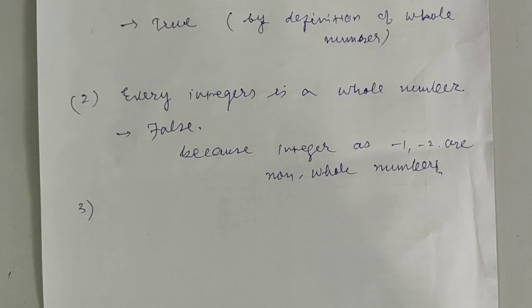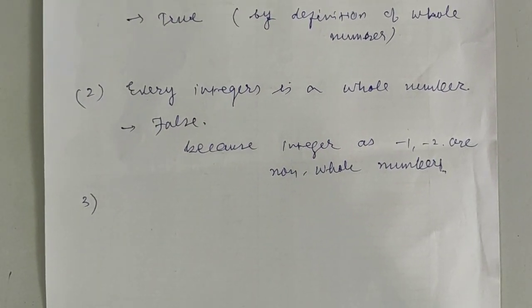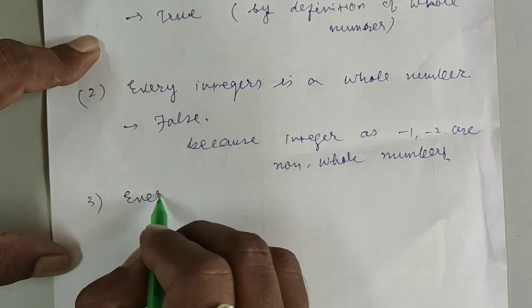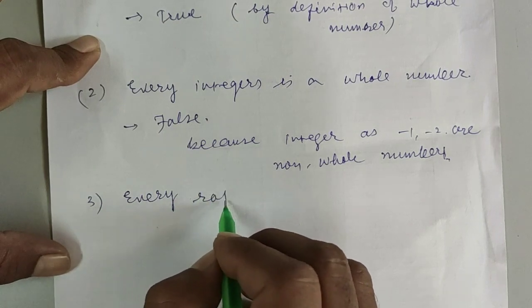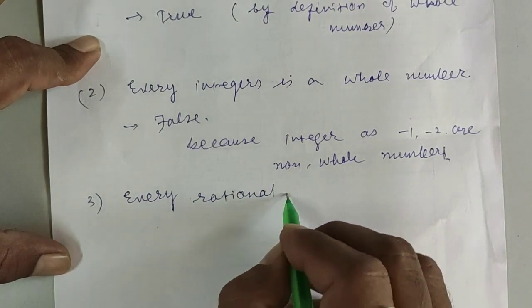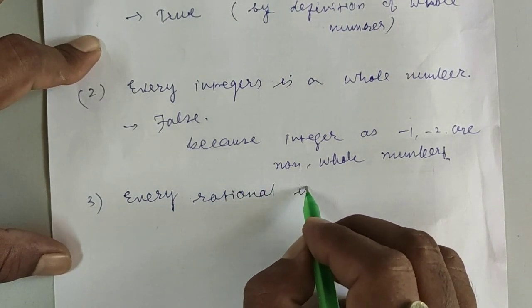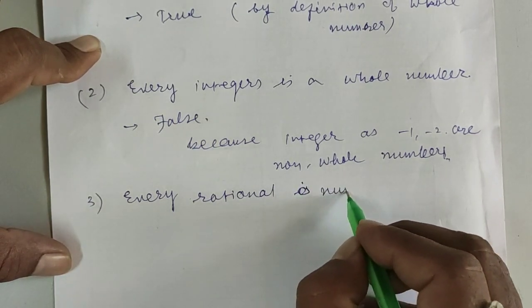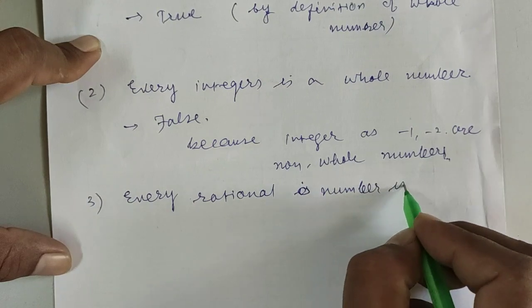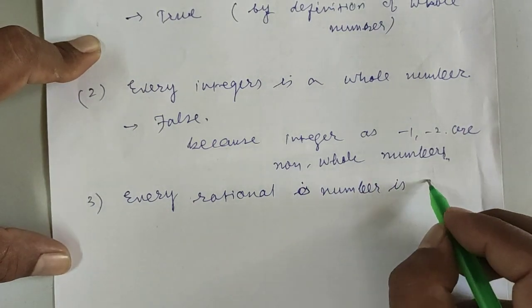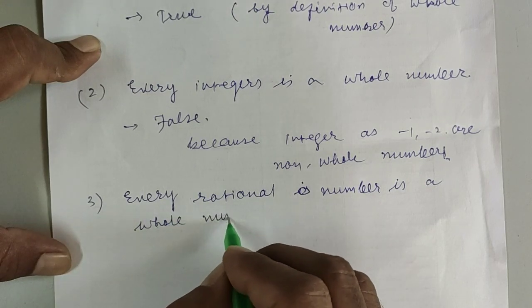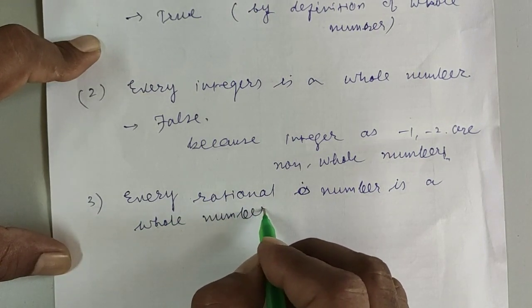Third statement is every rational number is a whole number.